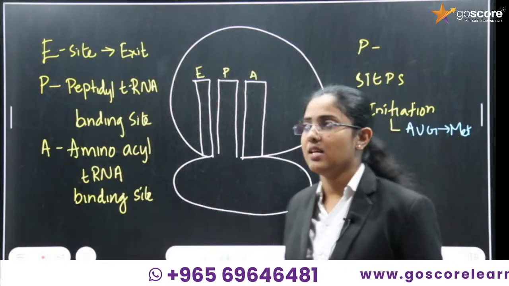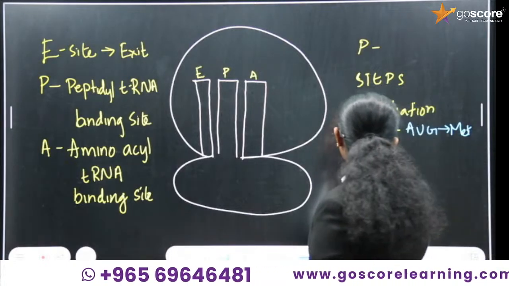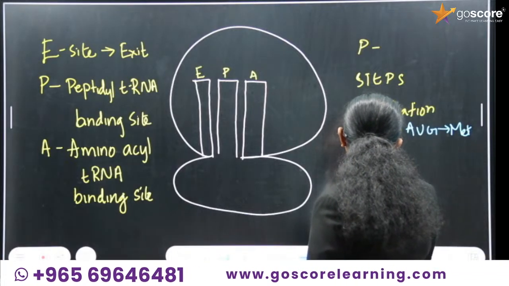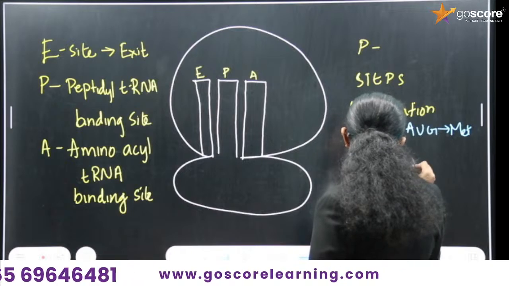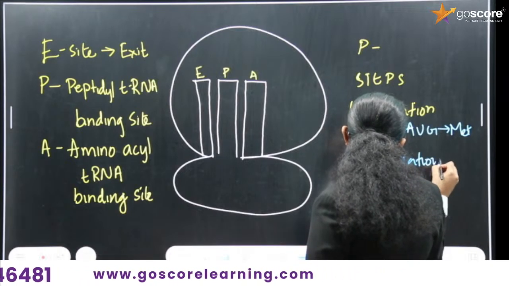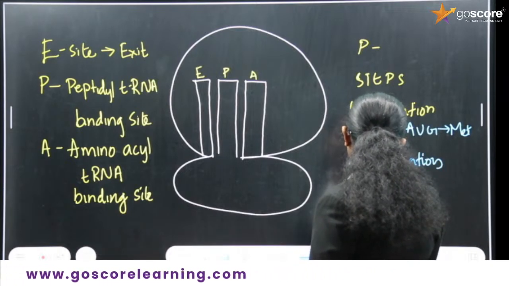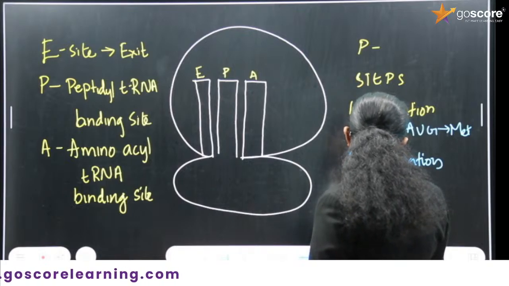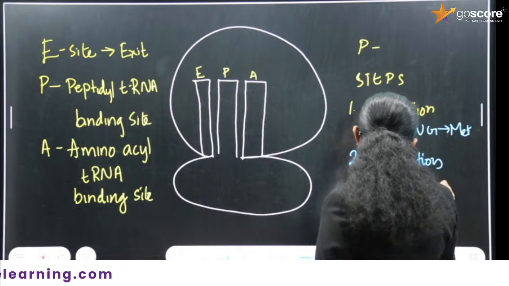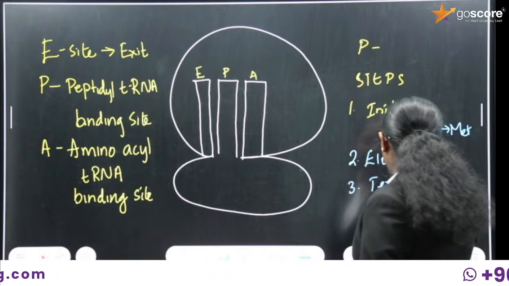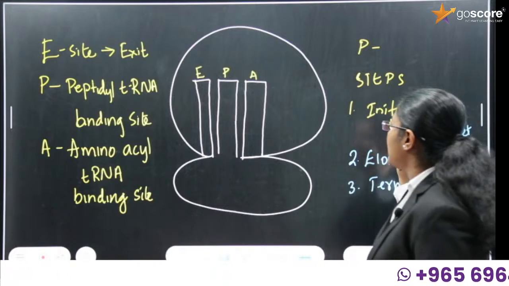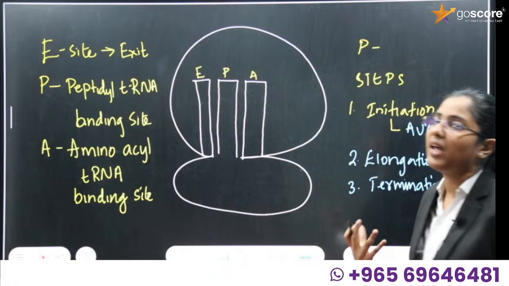The first step is initiation, the second step is elongation, and the third step is termination. This we have to study. So in initiation, elongation, and termination, what happens?